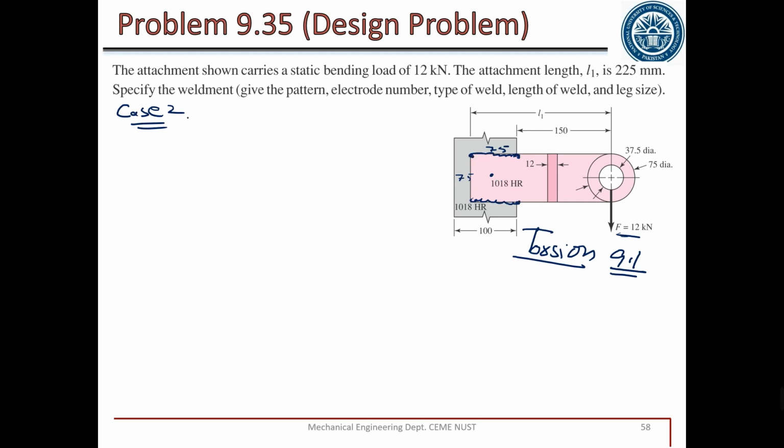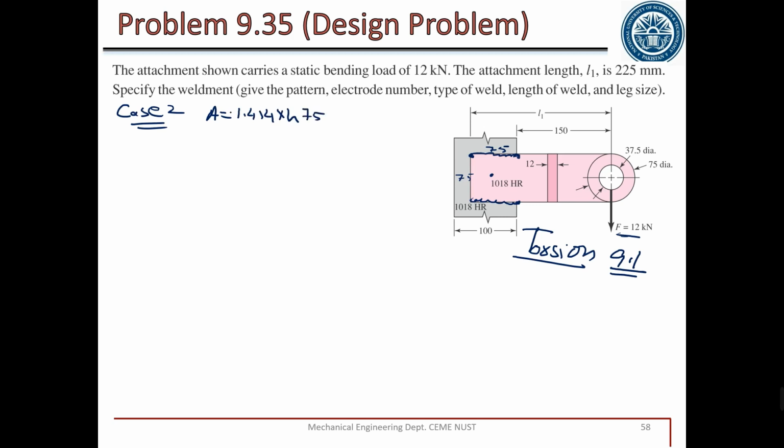For the area, if you go to the table, you can check the area. This is 2 times length into 0.707h. So 1.414 into h into this length, which is equal to 75 mm.